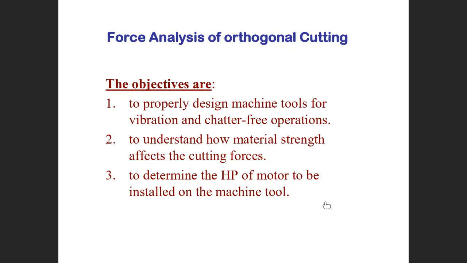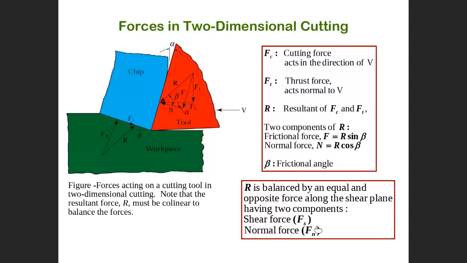This is really important to properly design a machine tool for chatter-free vibration, and to understand how material strengths affect the cutting force and how this cutting force is generated, so we can plan for cutting, determine the horsepower, what power is needed, and assign the suitable machine for cutting.